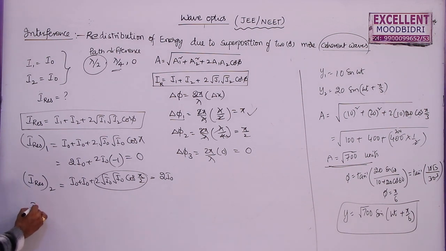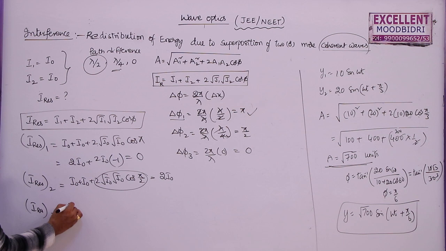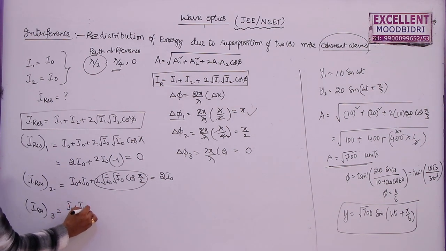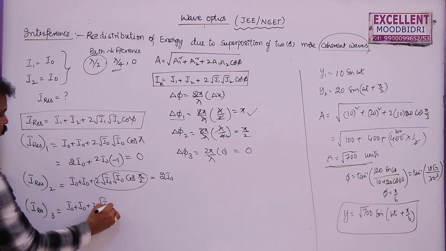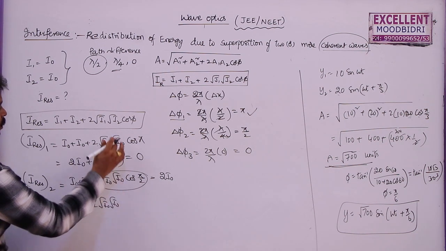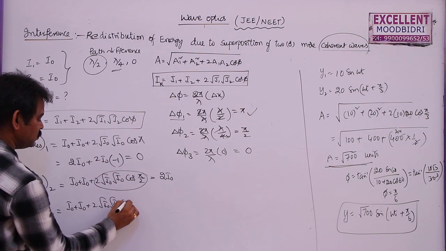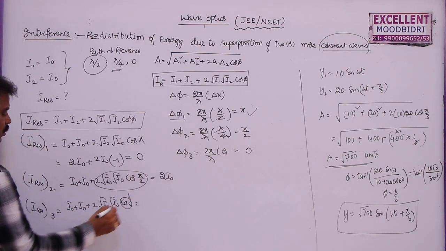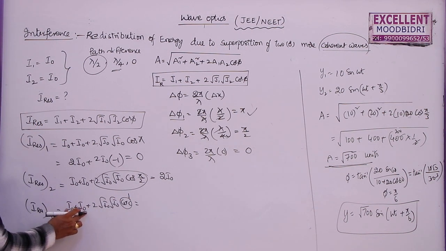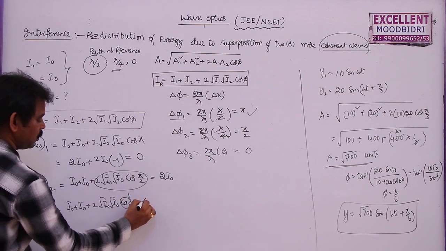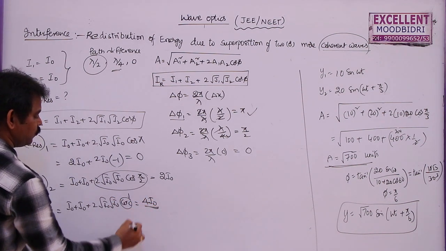In the third case, the resultant is I naught plus I naught plus 2 I naught cos 0, and the phase difference is 0. So cos 0 is equal to 1, and this is I naught plus I naught plus 2 I naught. The total answer is 4 I naught.